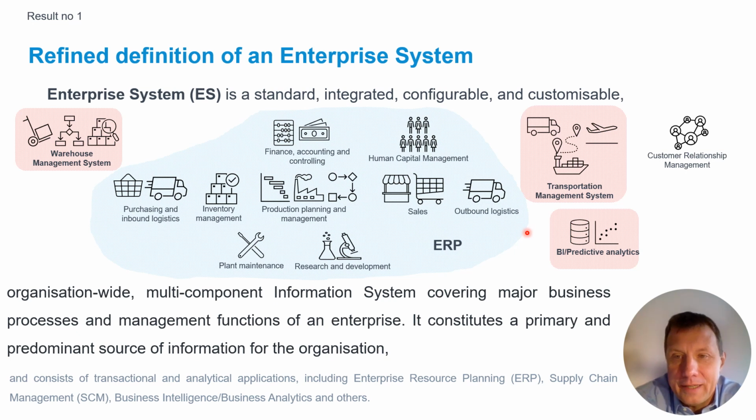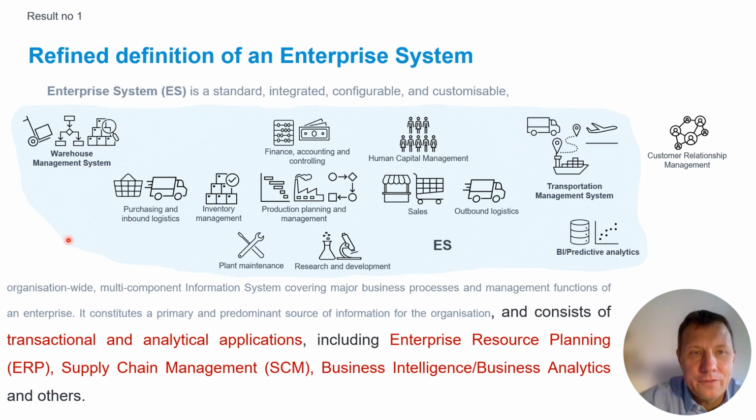Again, a situation came out that you have a lot of systems that have to be integrated somehow, but are standalone, separate systems. And what happened as an evolution of enterprise systems is that some, if not all, of these systems were incorporated into enterprise systems.